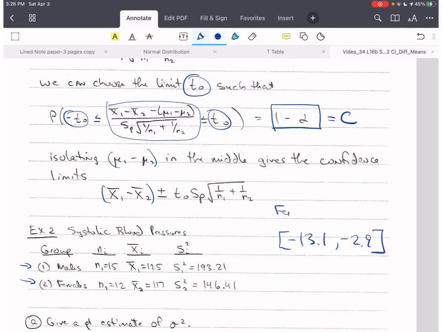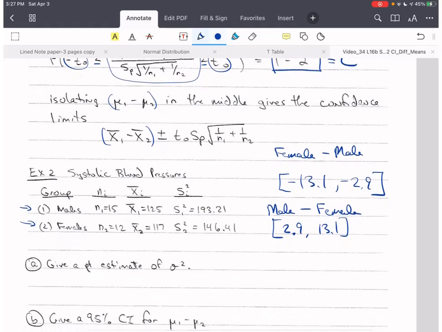This was female minus male. So the confidence interval for male minus female would have been 2.9 to 13.1. We multiply both numbers by -1, and then when we do that, the order usually switches. So positive 2.9 is smaller than positive 13.1, but negative 13.1 is smaller than negative 2.9.